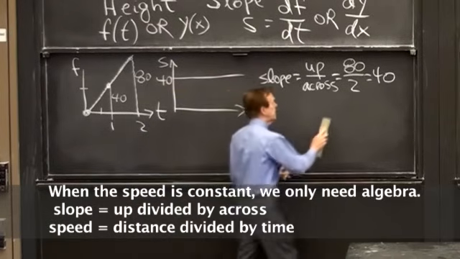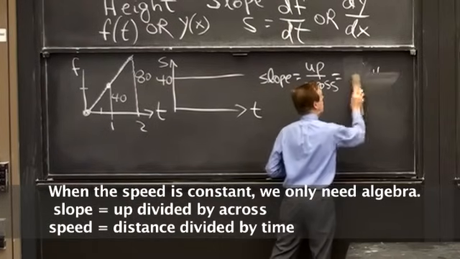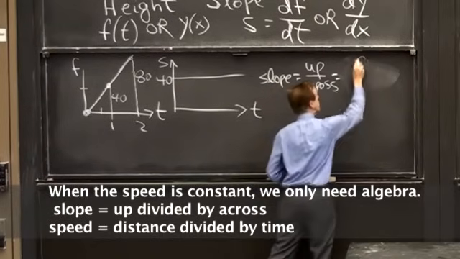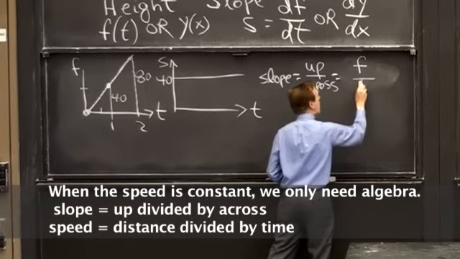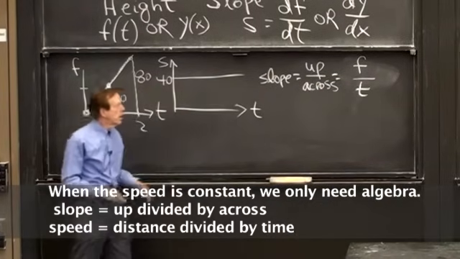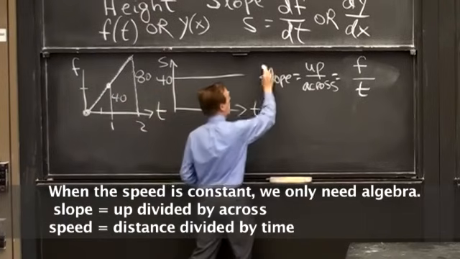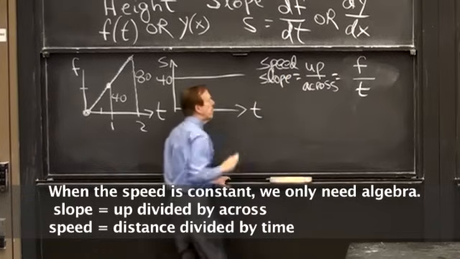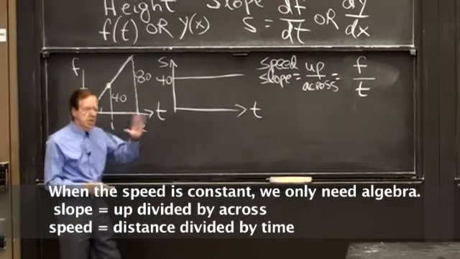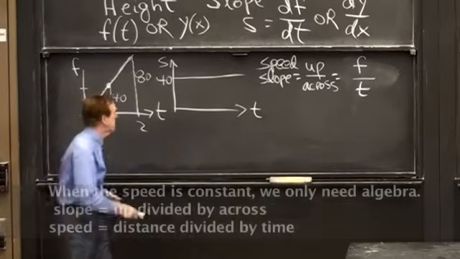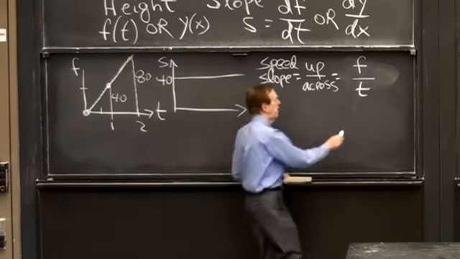Because the speed is constant, we can just divide the distance by the time to find the speed, and this slope, let me write speed also. Up over across, distance over time, f over t, that gives us s. This is s.